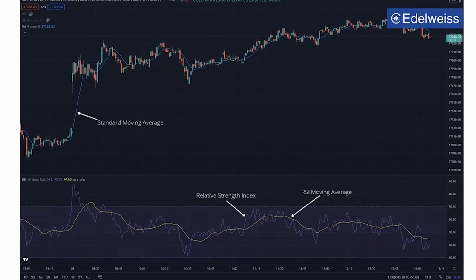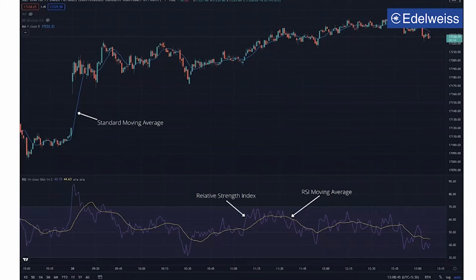Software in this generation has become so advanced that they also give the moving average of RSI. The only reason I made you understand the simple moving average was that moving average will be a very common term used in this webinar. So that's how it looks.